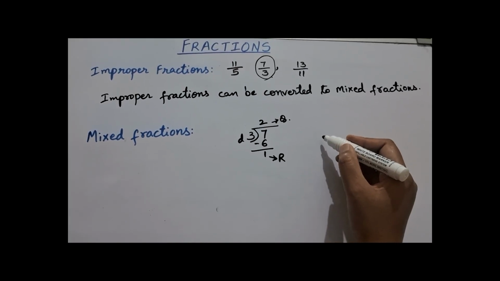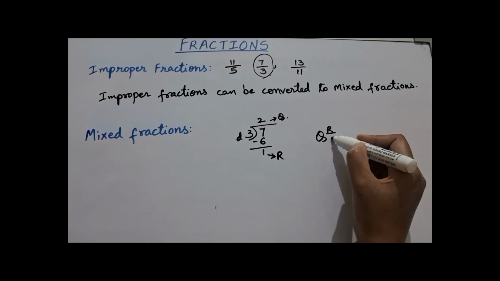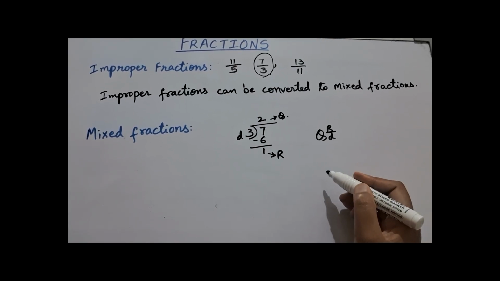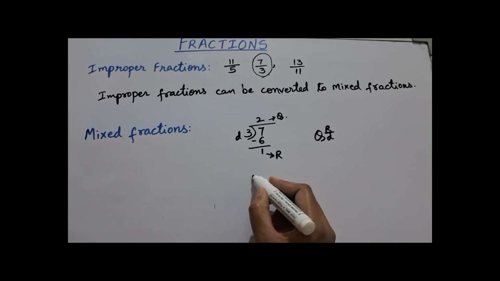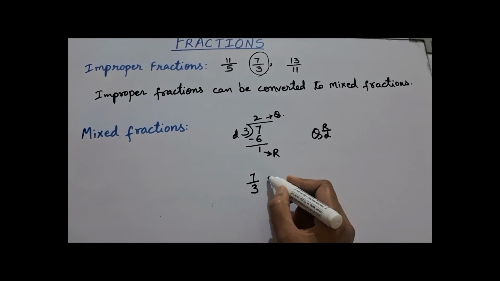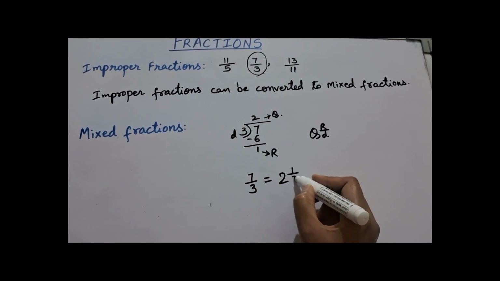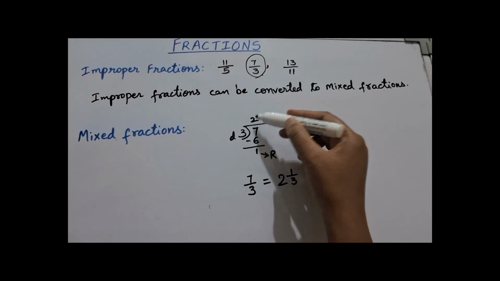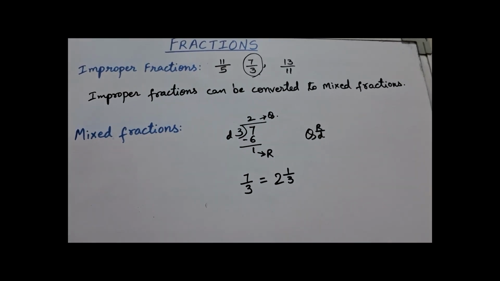So what is our formula, children? Quotient, remainder by divisor. Okay, that means 7 by 3 is written as 2 1 by 3. 2 1 by 3. Okay children.